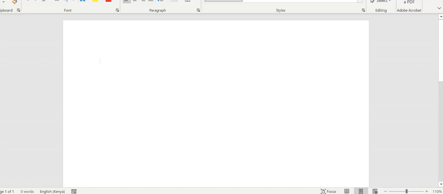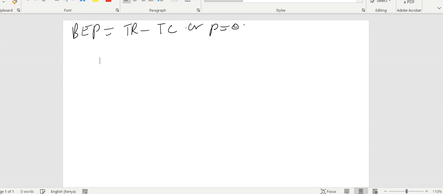So the break-even point is a point at which total revenue equals total cost. So you can write here that break-even point is equal to total revenue minus total cost, or profit is equal to zero.